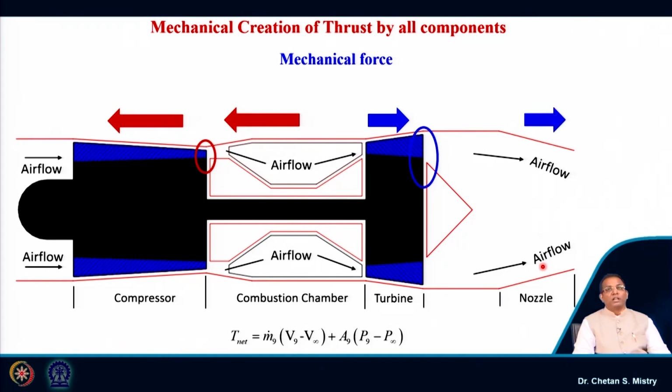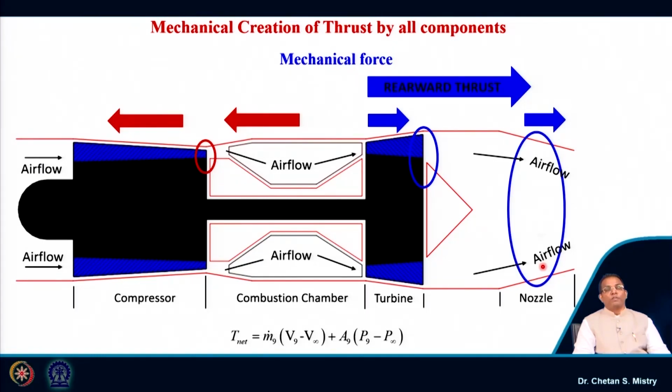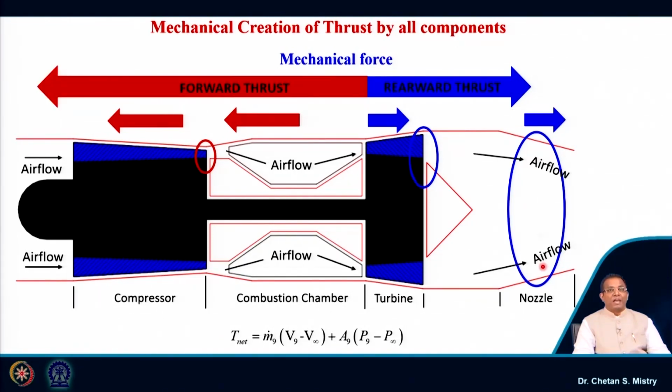My nozzle will also be generating the thrust in say opposite direction. So, overall, we are dividing the thrust into forward thrust and rearward thrust. This forward thrust has higher magnitude, and that is what gives the movement of my aircraft in a forward direction.